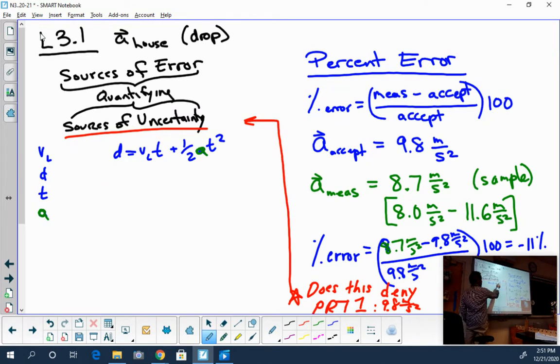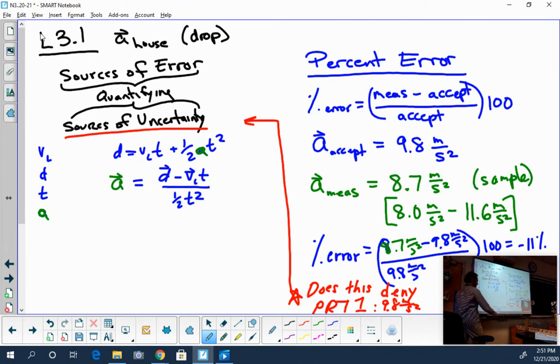If we rearrange this equation, subtracting v_i t from both sides, acceleration equals d minus v_i t, divided by 1/2 t squared. This is acceleration in terms of displacement, initial velocity, and time.